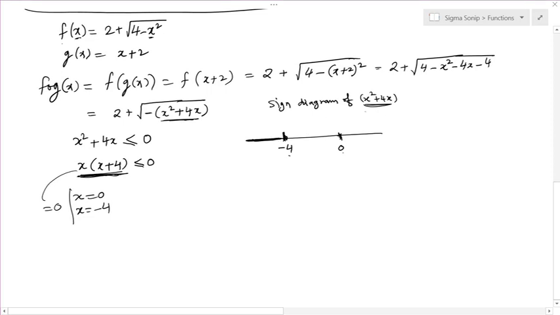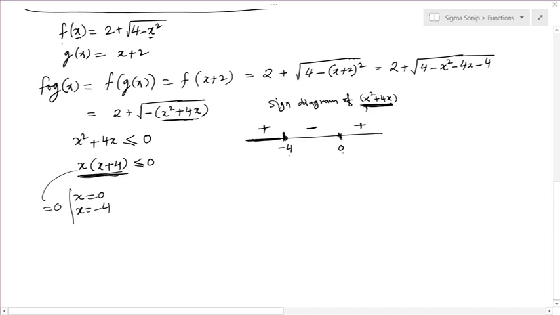So let's put -6 here, so that becomes 36, and that's -24, so this is a positive sign here. And if you put 1 or 2 in the last region, you will find that this is positive.